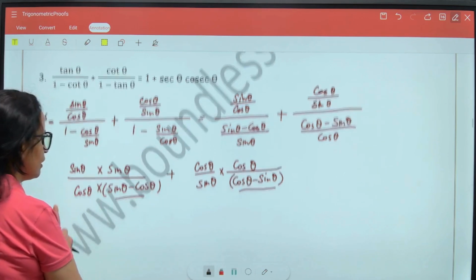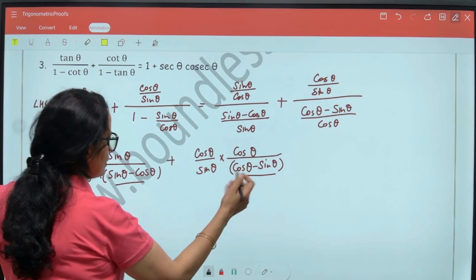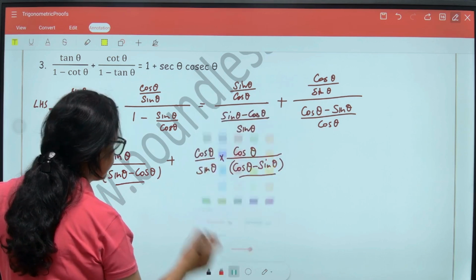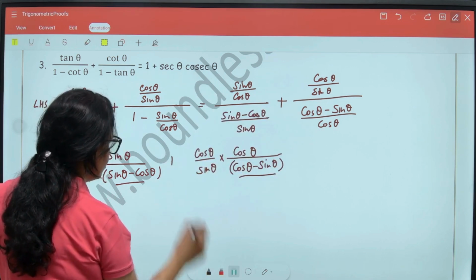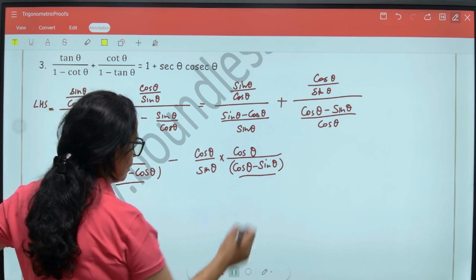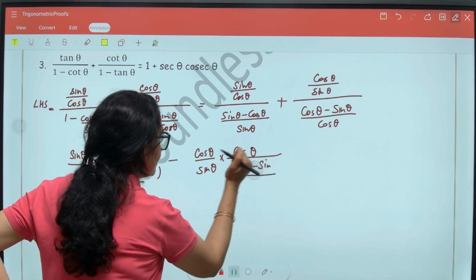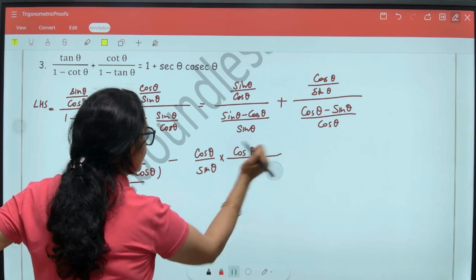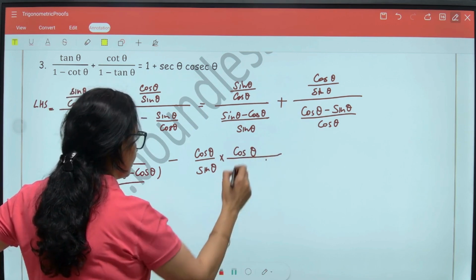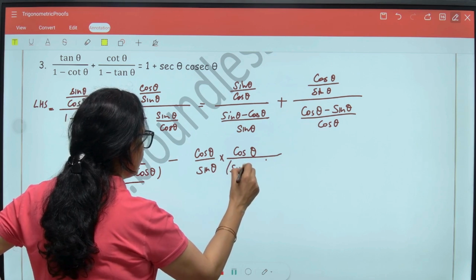If we take minus out from this, I take minus out from this bracket and I change this plus sign to minus sign. So then this becomes what? This bracket will become sin theta minus cos theta. In place of cos theta minus sin theta, I will have sin theta minus cos theta, right?